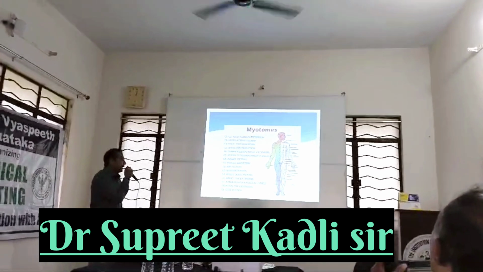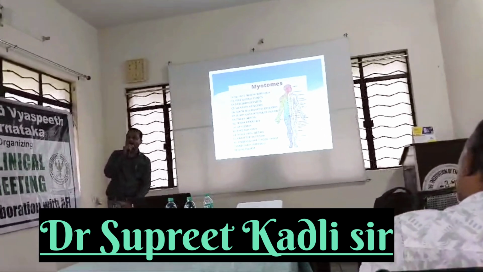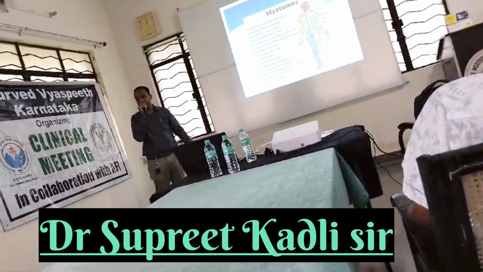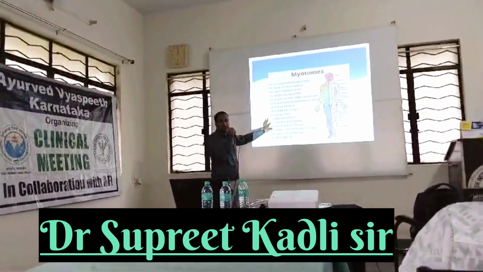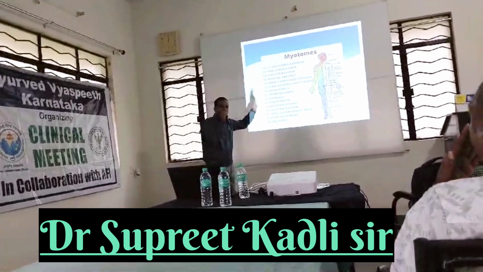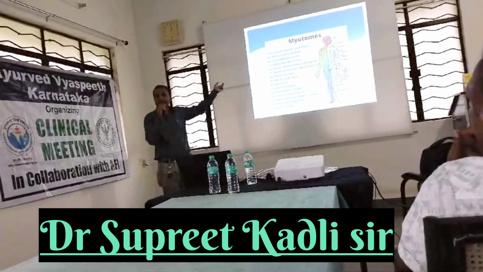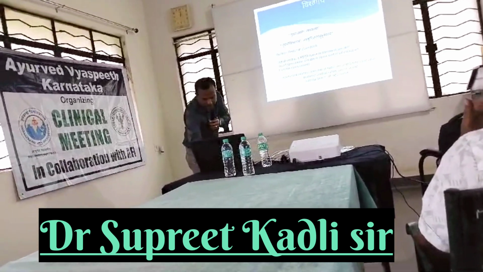Some patients tell us they can't extend or flex the ankle joint. That is because there might be pathology or compression at the level of L4. So there you can concentrate the VIDDHAKARMA or AGNIKARMA at the level of L4. So these are myotomes.